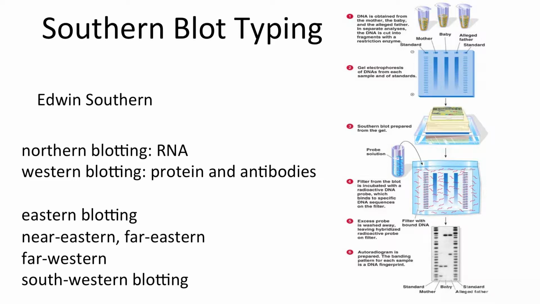In this case, we're using an example of paternity testing. We're looking at what the genotypes of a mother, father, and baby are, right? In Southern blotting, you take DNA from the individuals you're looking at. This could be separate individuals, like in this case, or different tissue types, or different developmental stages, whatever.